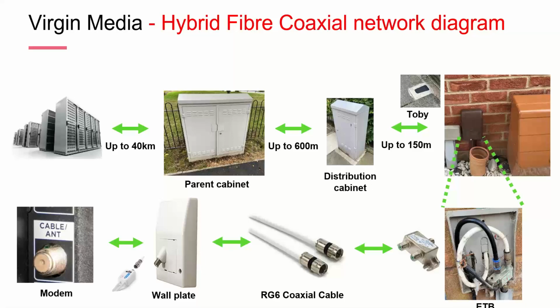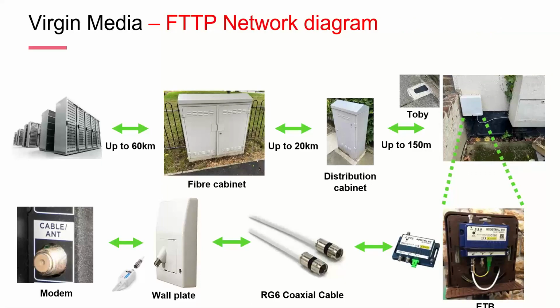So in this example, we've got coaxial most of the way, apart from fibre in the core. There is another version of this that Virgin Media have, which is almost full FTTP, and this is based around radio frequency over glass.